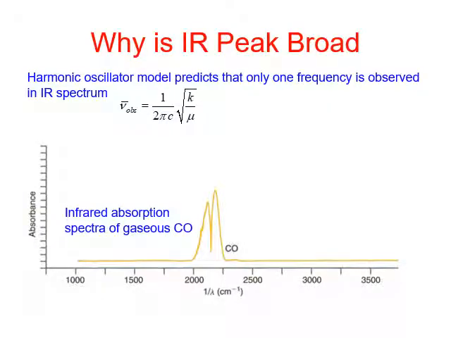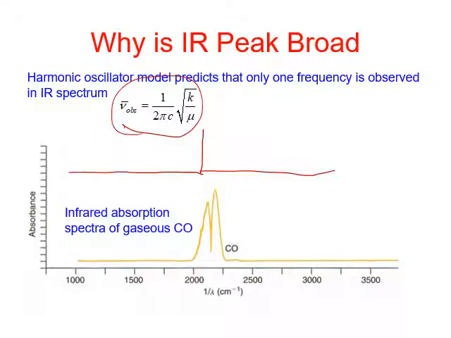Now let's come back to the question we asked before. The harmonic oscillator model predicts that only one frequency is observed in the infrared spectrum. So when you do infrared, supposedly you see only one frequency absorbed.